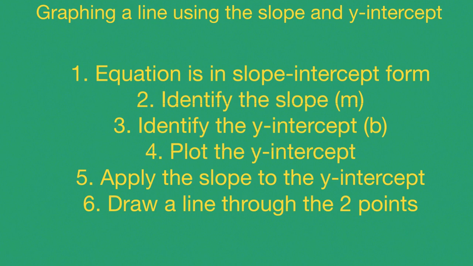Number four, in order to start graphing these lines, the first thing you're going to put on that graph is your y-intercept. You are going to plot the y-intercept on the y-axis. Whatever we identify as our y-intercept, our b, we're going to put that on the y-axis first.